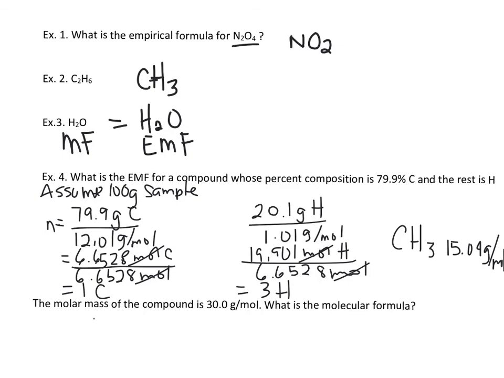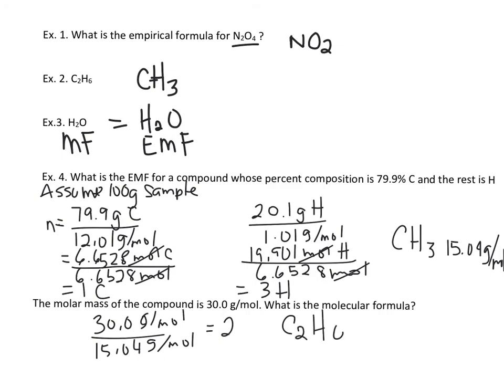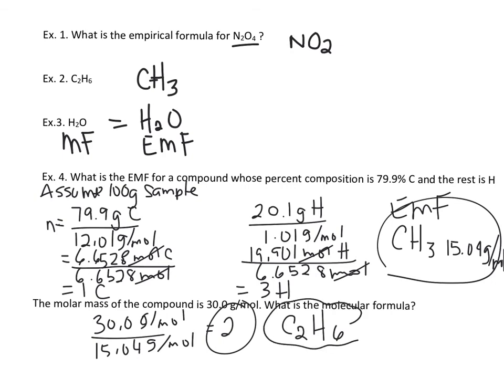So 30 grams per mole divided by 15.04 grams per mole gives you a multiplier of 2. So therefore the molecular formula for the compound is 2 times CH3, so C2H6. You take the empirical formula and you multiply by the multiplier to get your molecular formula.